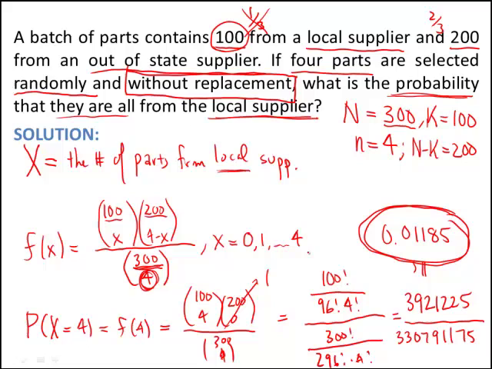And our support goes from 0 to 4. To find any probability then, f of 3, f of 2, we're just going to stick that value into our mass function, and then we got a final probability. And again, I'm going to stress one more time, what makes this hypergeometric compared to binomial is that we're sampling without replacement. Classic hypergeometric.